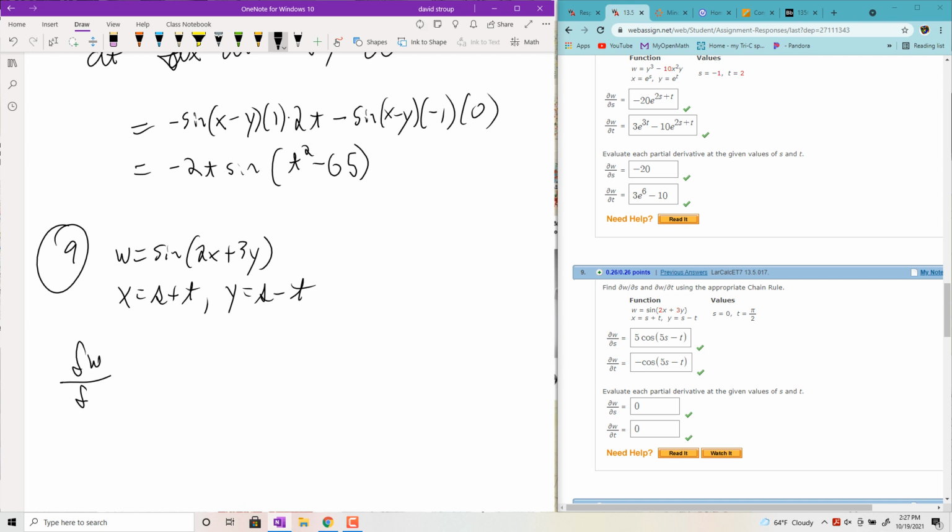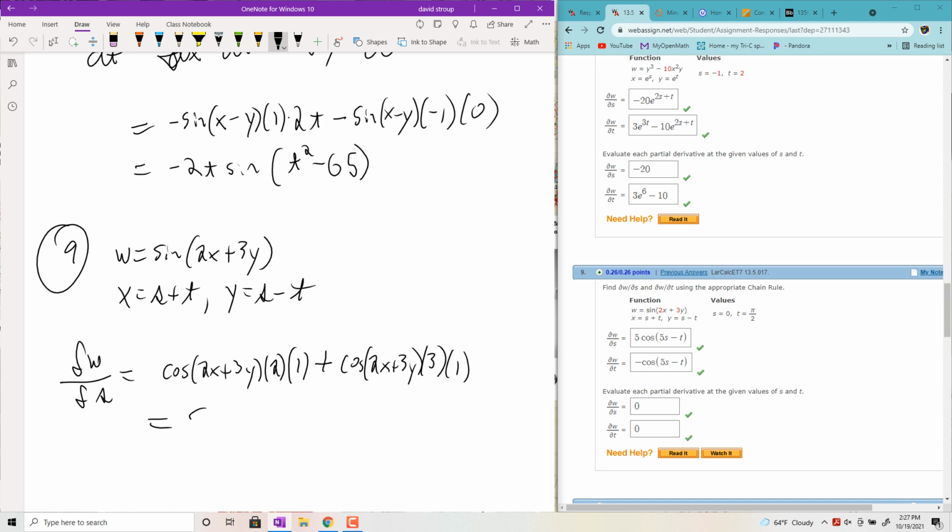Partial of w with respect to s is going to be the partial of w with respect to x times the partial of x with respect to s. So the partial of w with respect to x is cosine of 2x plus 3y times 2, times the derivative of x with respect to s, which is 1, plus the derivative of w with respect to y, which is cosine of 2x plus 3y times 3, times the derivative of y with respect to s, which is 1.